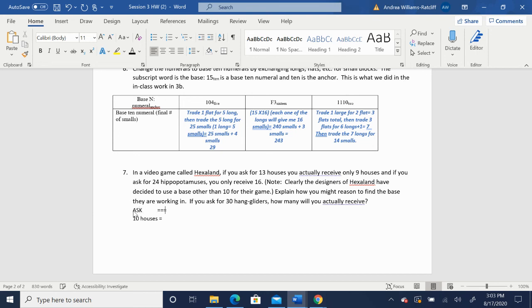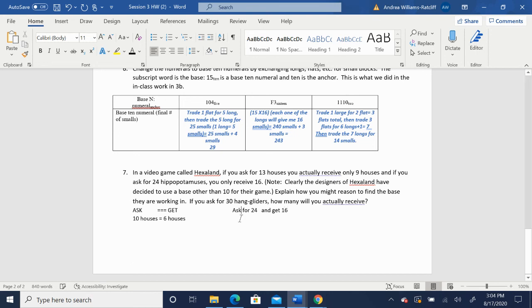And in terms of what I get, over on this side, I might ask for 10. If I take off 3 out of here, then I'm left with 6 houses. I ask for 10, I get 6. Let's keep going with this. Hippopotami, I ask for 24, and I get 16. So let's take off the ones.